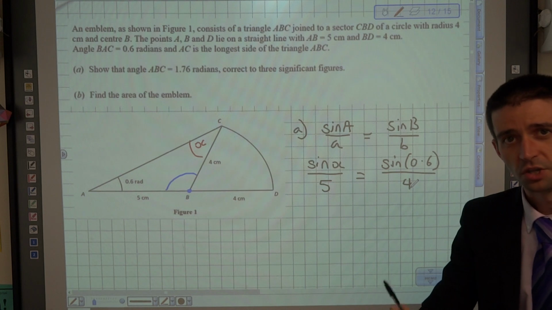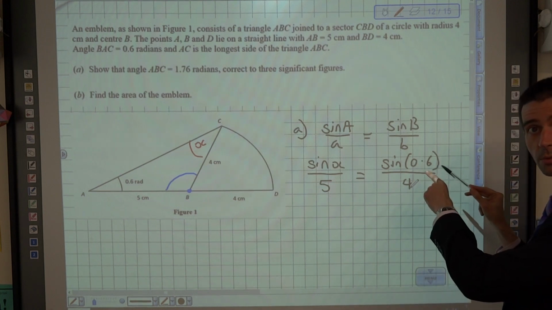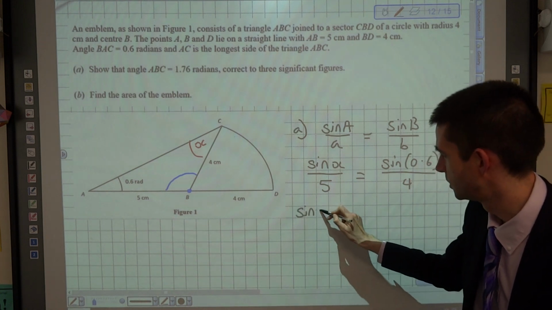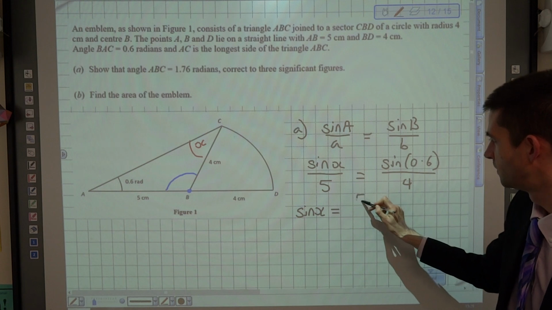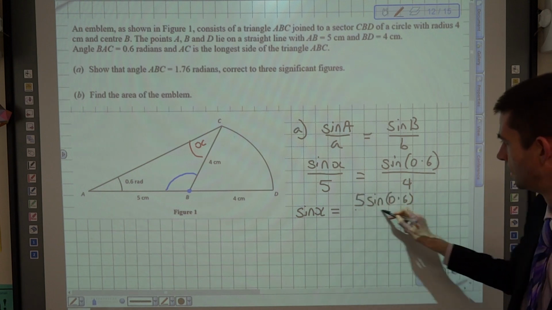Now at this point I stress your calculator needs to be in radians mode to calculate the value of sine 0.6. So what we have then is that sine x is going to equal 5 sine 0.6 over 4.